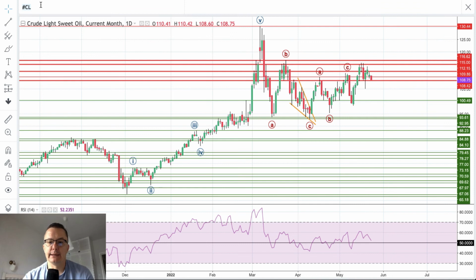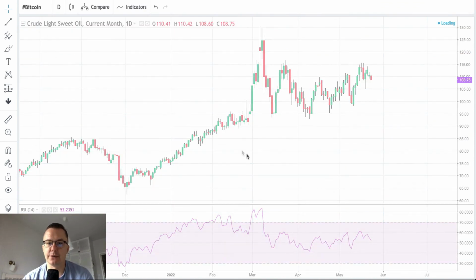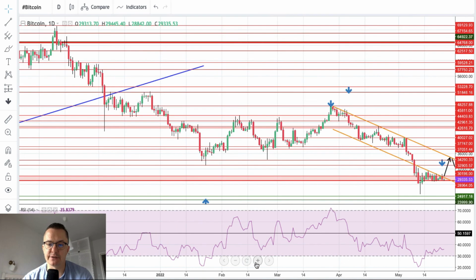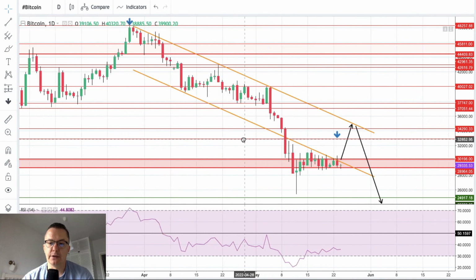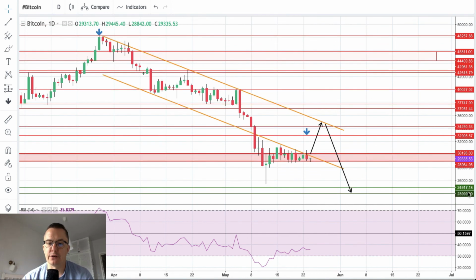And at the end of our review, let's take a look at Bitcoin. Bitcoin is consolidating in a very narrow range below the lower channel line, and in case of a breakout, we have this scenario covered maybe around 34,290 or just a tad above, and then downtrend continuation.